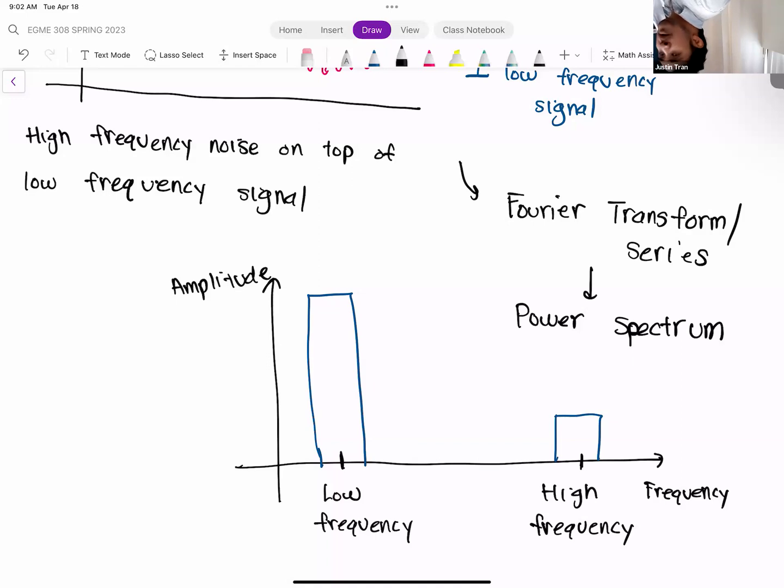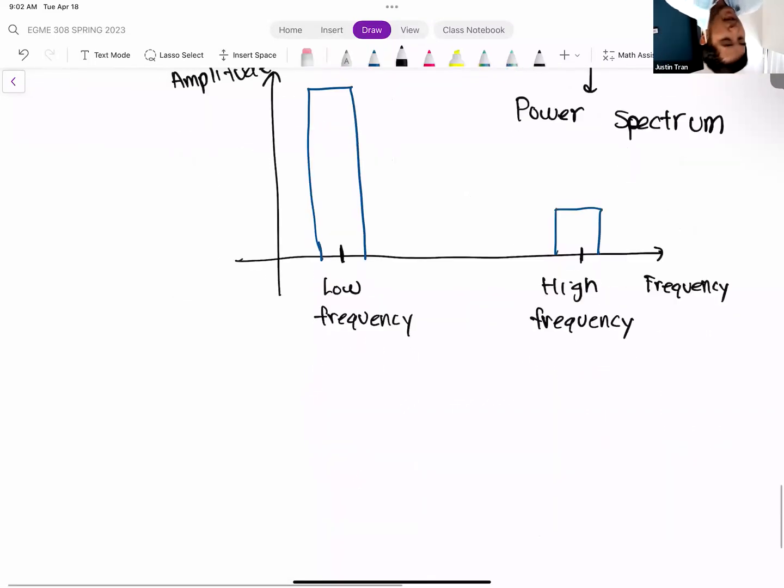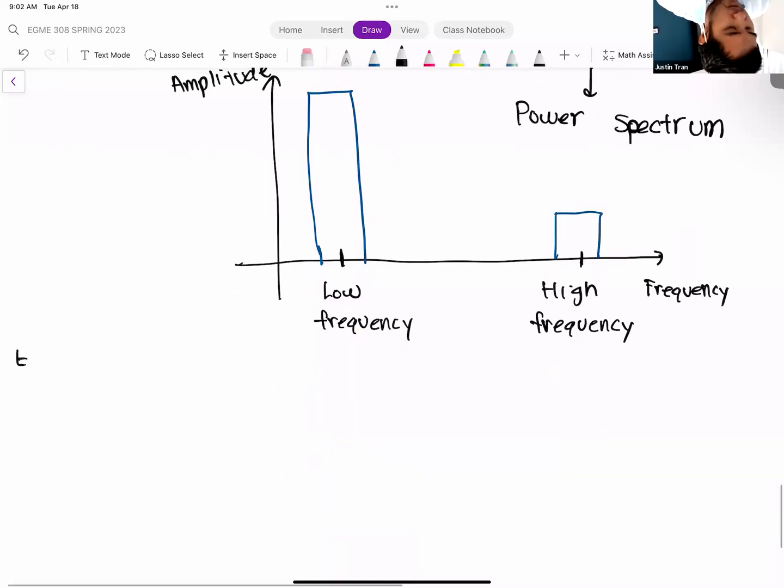You can do a power spectrum analysis of the sound that comes off a guitar string, and you'll see that the main dominant sound is whatever the guitar string is tuned to. Another application that's particularly relevant for mechanical engineering is vibration testing or frequency response testing.